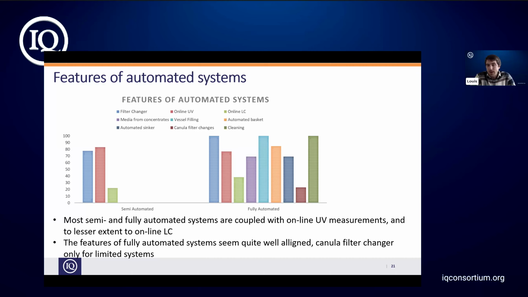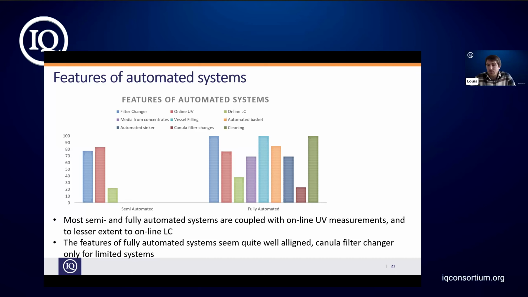And of course, if you have online UV measurements, this means you will have your data available real time. There is still limitations, of course, to UV testing. And that's why you also see that 20% of people actually have online LC capabilities, meaning you can couple your semi-automated system directly to an LC, so it can directly inject the samples you have taken.